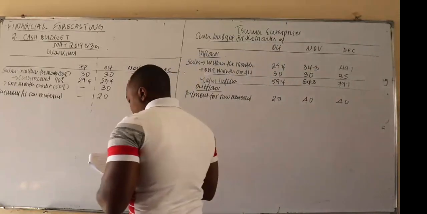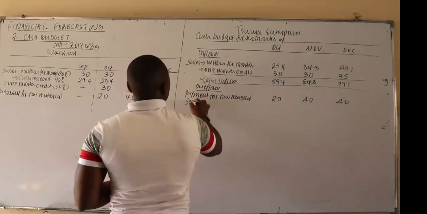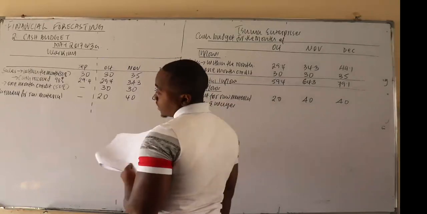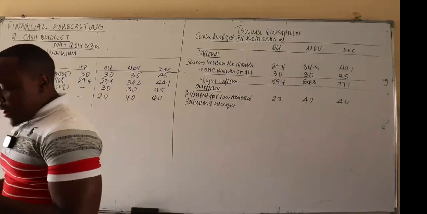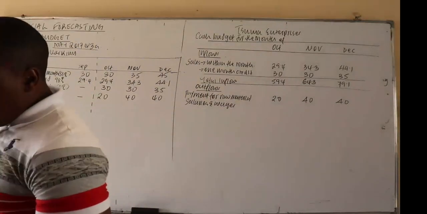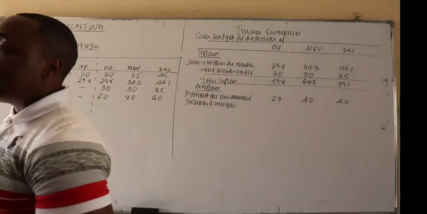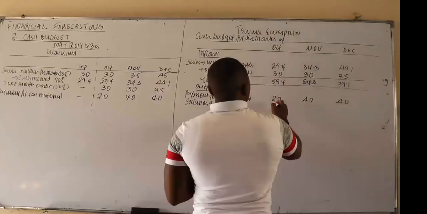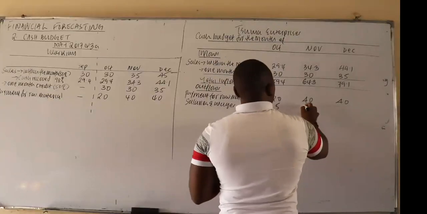And then we have salaries and wages. Note number 1. In note number 1, you're told that all employees are paid in the month in which the wages or salaries are due. So that means for October, it will be paid in October. How much was for October? 15. November, it's an amount of 17.